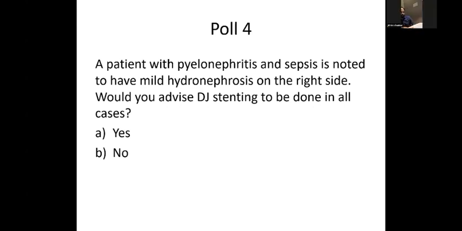So this is an area of controversy. Many times, we are confused whether to go ahead with the intervention or not. So it all has to be individualized, depending on the patient. So this patient had features of urinary tract infection with obstruction, but he was not very septic or very sick.